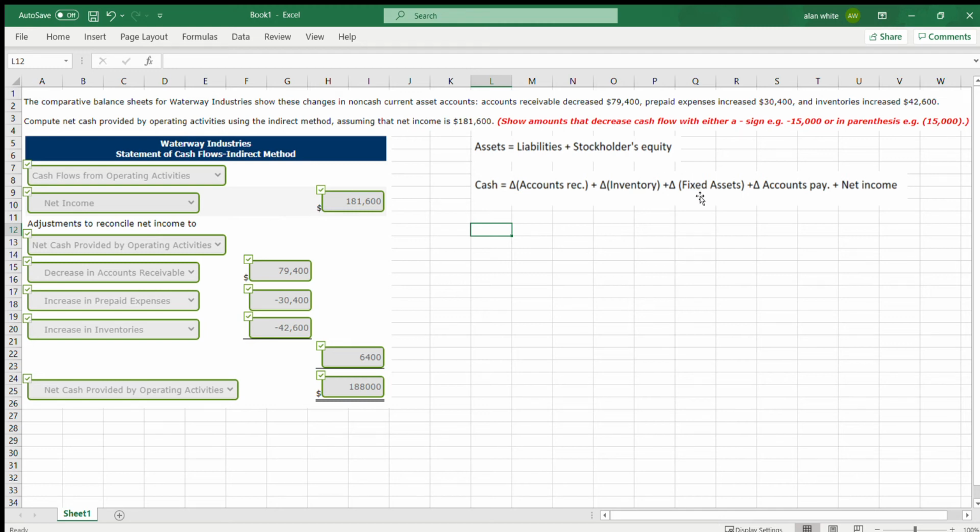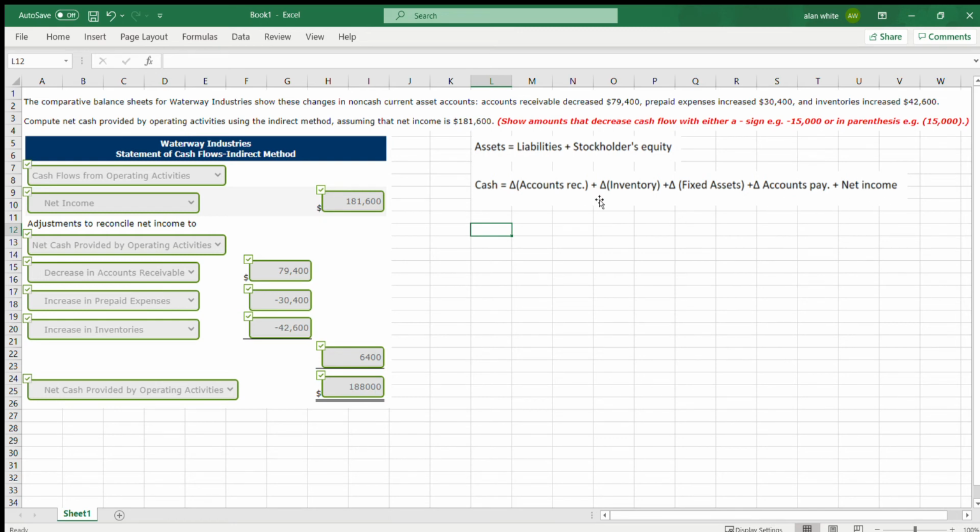When we increase fixed assets, it'll be a negative value. And because accounts payable and net income were already on that side of the equation, they're going to stay positive. So as we increase accounts payable, it'll be positive. And as we increase net income, it'll also be positive. So that's how we've rearranged the equation to solve for cash.